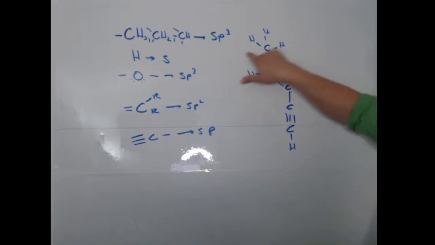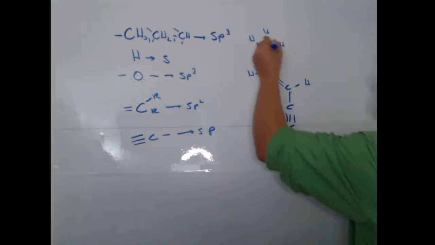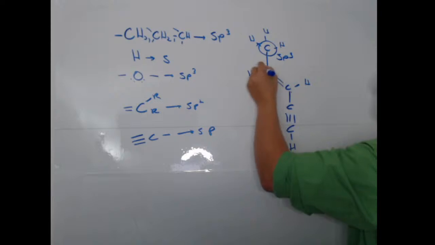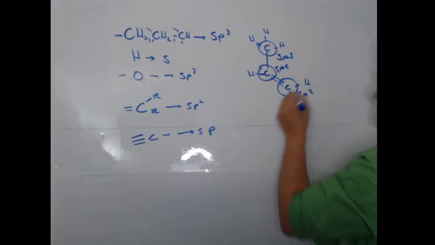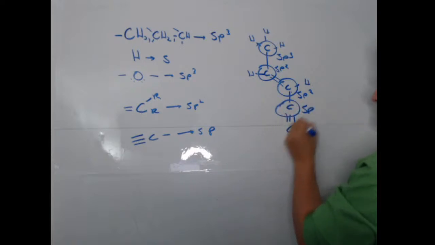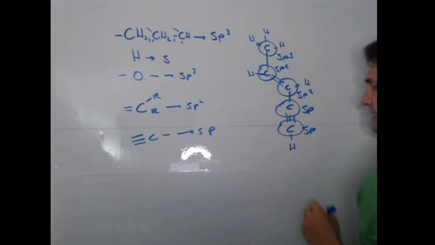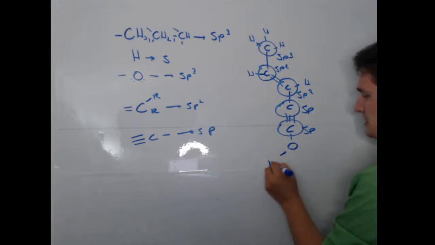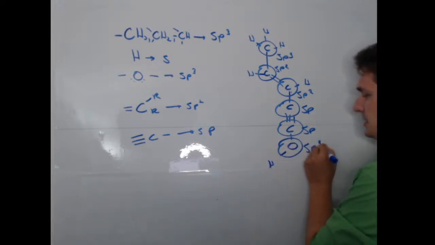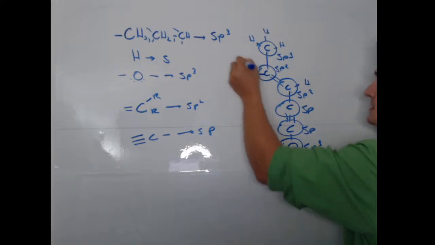So this carbon is a CH3. It's going to be sp3 hybridized. This is going to be sp2, sp2, sp, sp, and hydrogen only has, we'll throw an oxygen in there. We have oxygen, so oxygen here is going to be sp3, and our hydrogens are all going to be s.